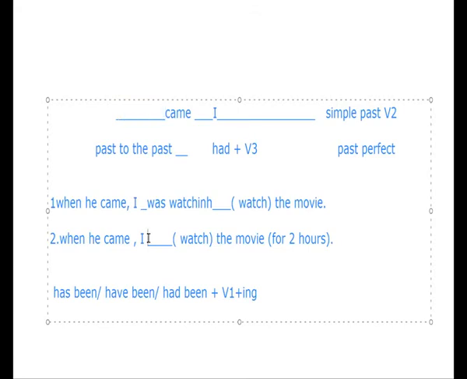So past length of the time, then obviously had been plus V1 plus ing form. So had been watching. What we have done is called past perfect continuous.